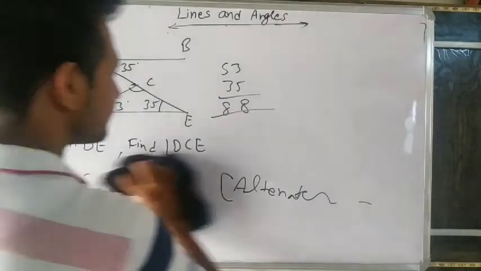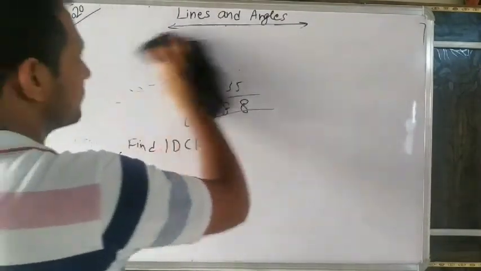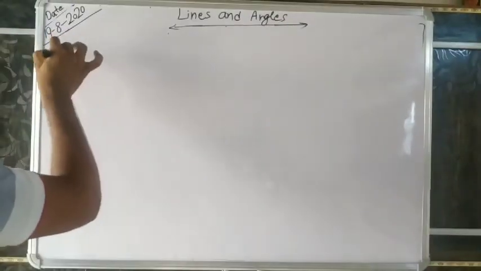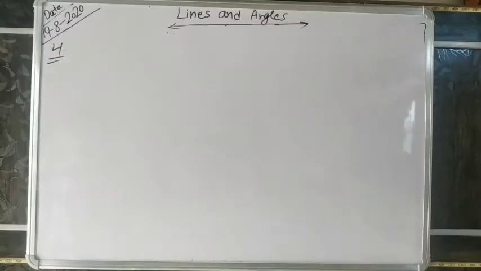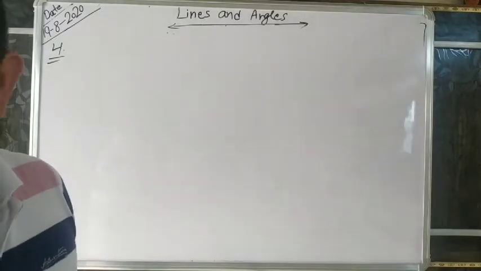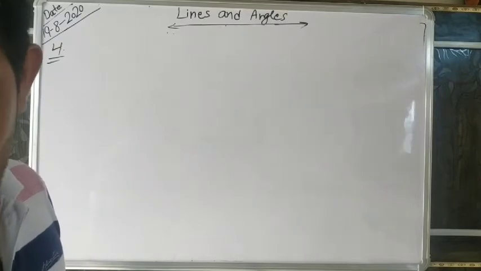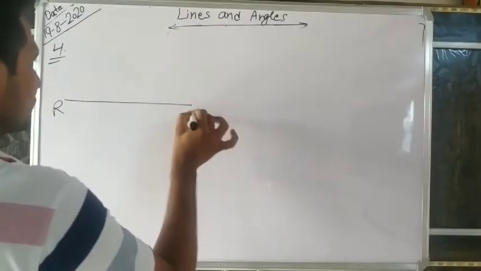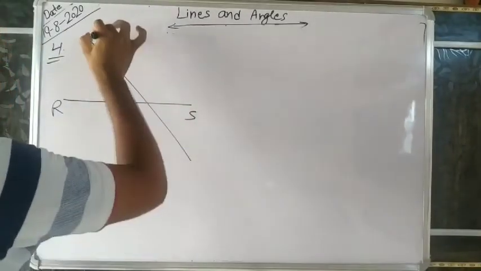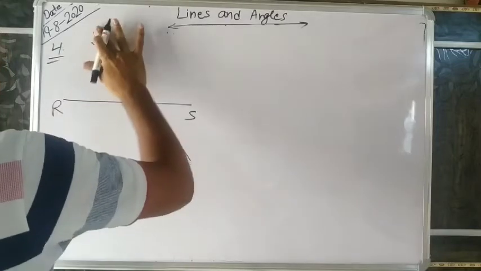Next is the last question today, question number 4. In figure 6.42, lines PQ and RS intersect at T. It is RS, it is PQ.